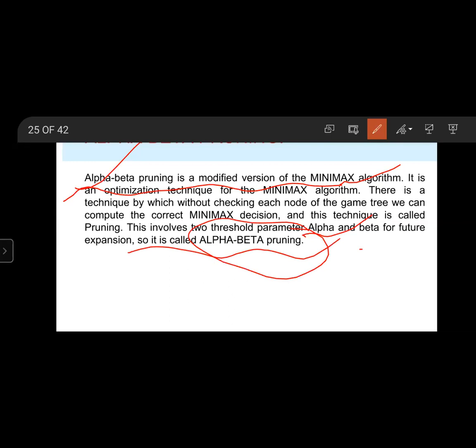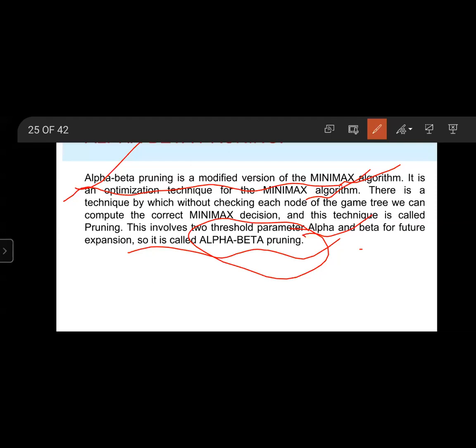It is a modified version of the minimax algorithm, an optimization technique for it.